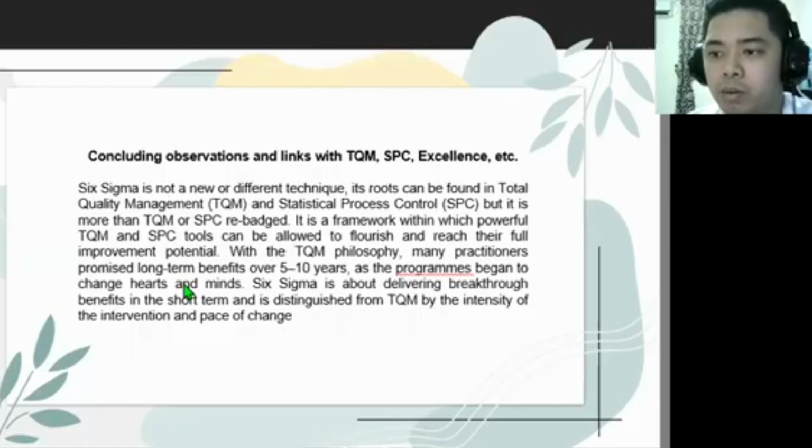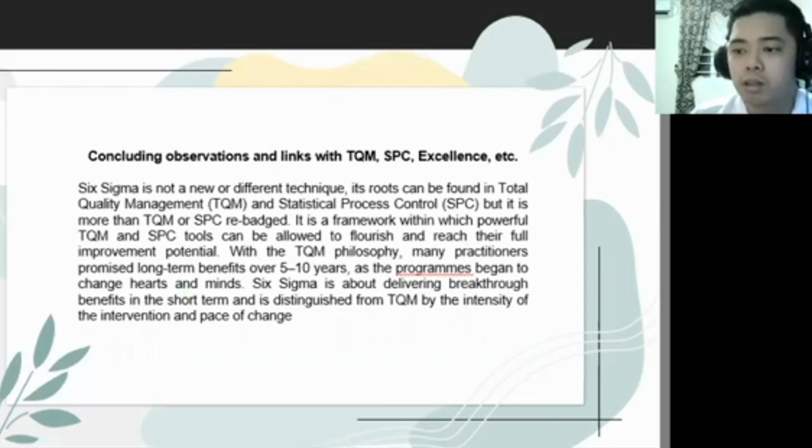It is a framework within which powerful TQM and SPC tools can be allowed to flourish and reach their full improvement potential. With the TQM philosophy, many practitioners promise long-term benefits over 5 to 10 years as the program is begun to change hearts and minds. Six Sigma is about delivering breakthrough benefits in the short term and is distinguished from TQM by the intensity of the intervention and pace of change.